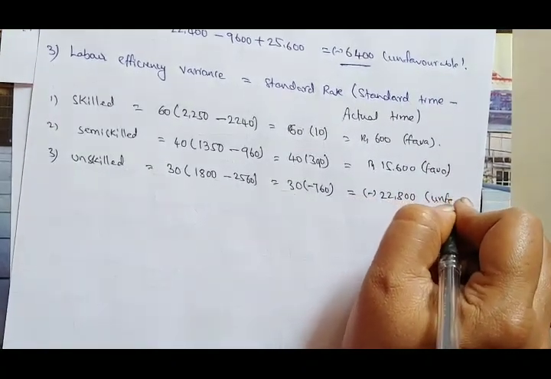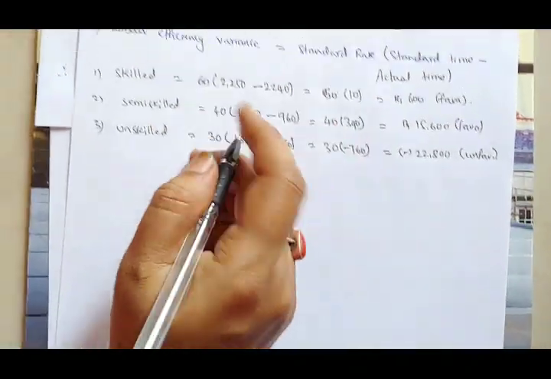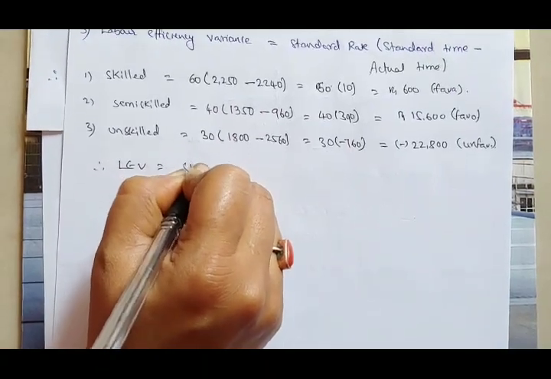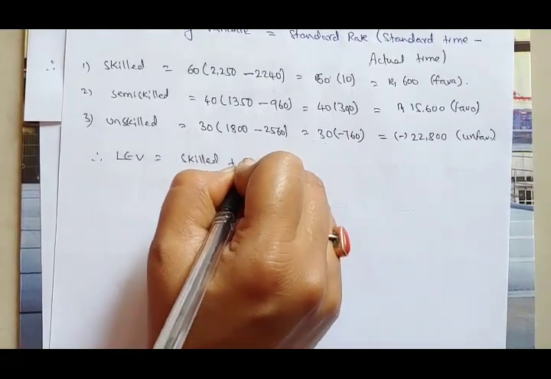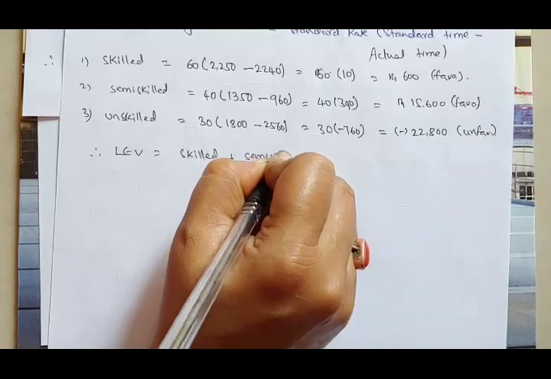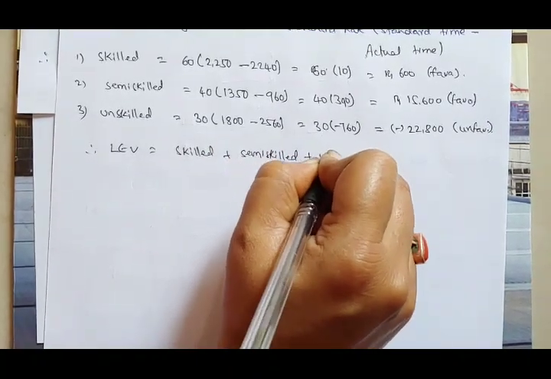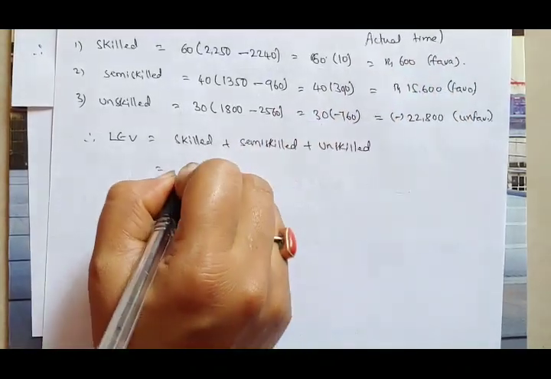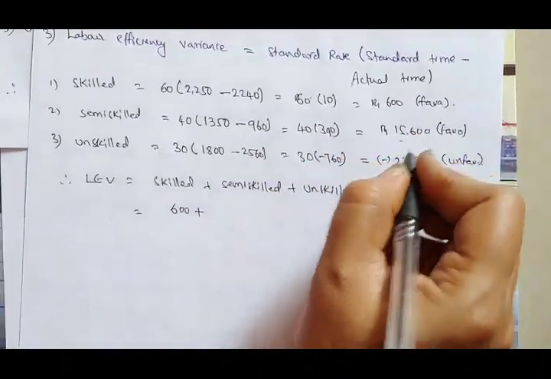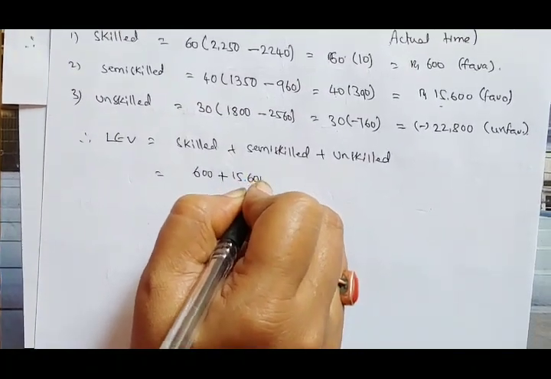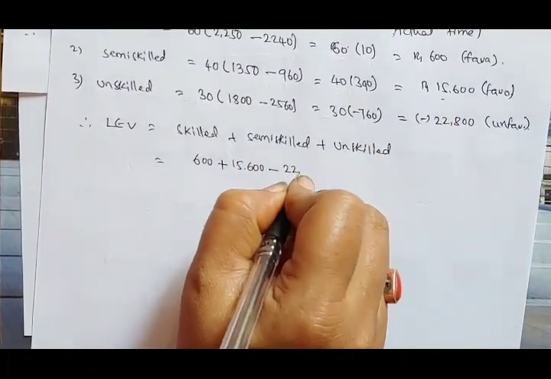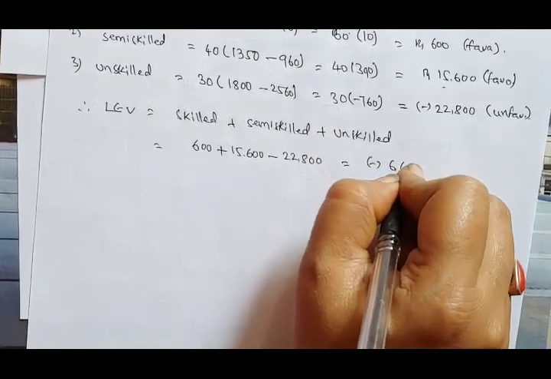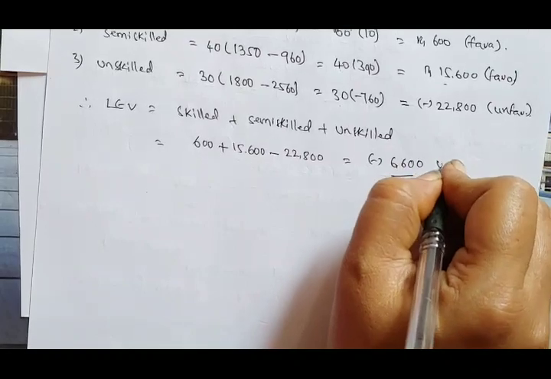It is unfavorable. Therefore, LEV is equal to skilled plus semi-skilled plus unskilled, equal to 600 plus semi-skilled 15,600 minus unskilled 22,800, equal to minus 6,600. It is unfavorable.